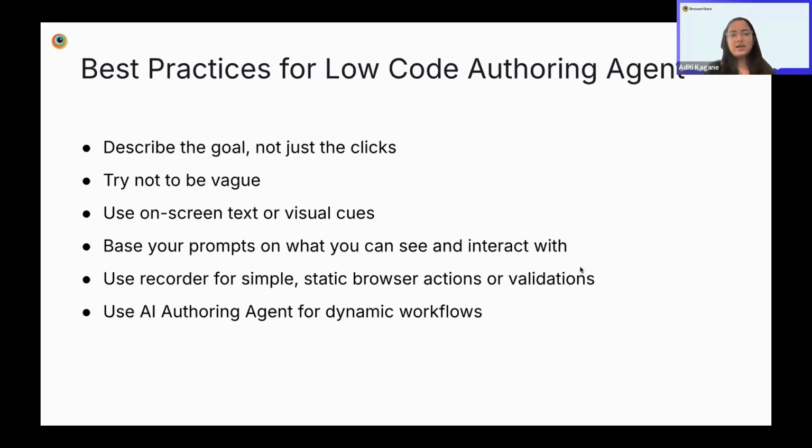Then the next idea is to use on-screen text or visual cues and base your prompts on what you can see and interact with, rather than specifying any CSS locators or XPaths. It's easier to say, okay, interact or select a button. Let me take an example here.